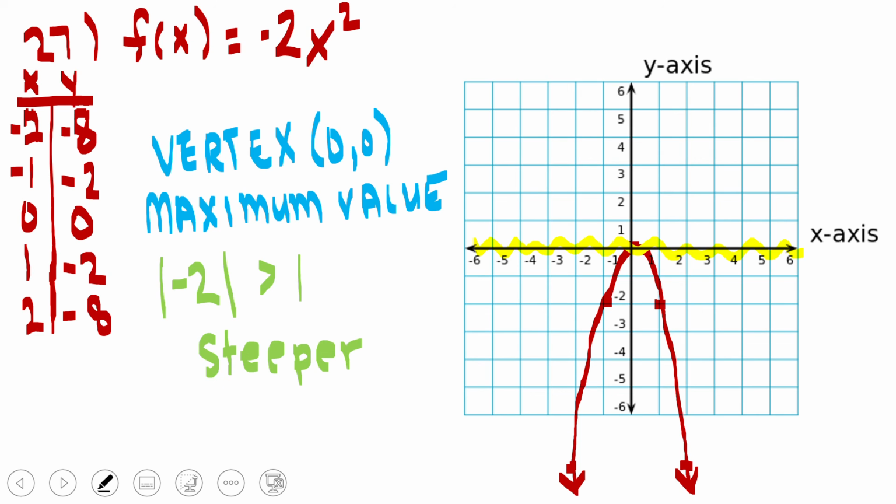The range is all the y's. So if we think about all the y's, you see our graph stops at 0, 0, and it is in the negative side of the plane for the y's.